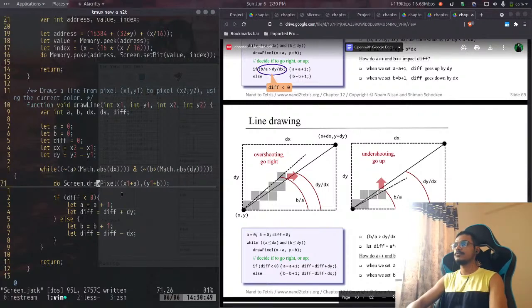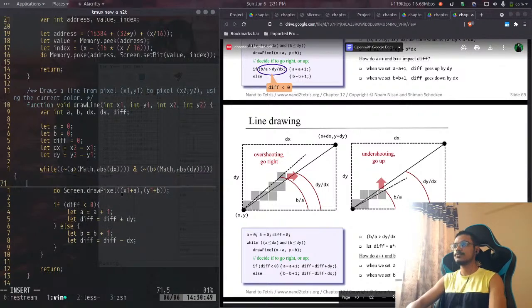Let me try to do something like this where we check if dx is less than 0.